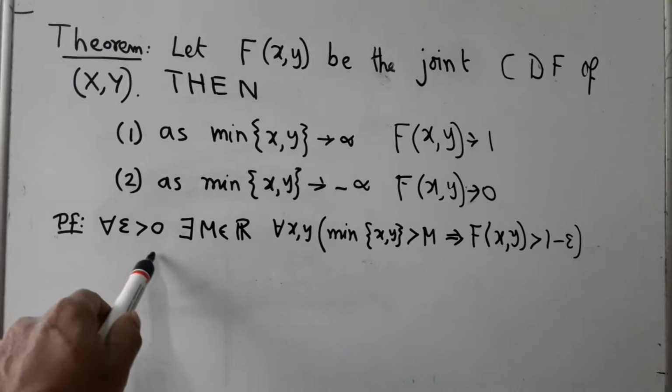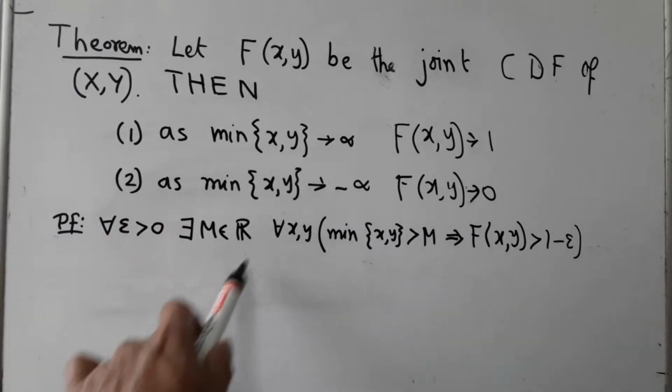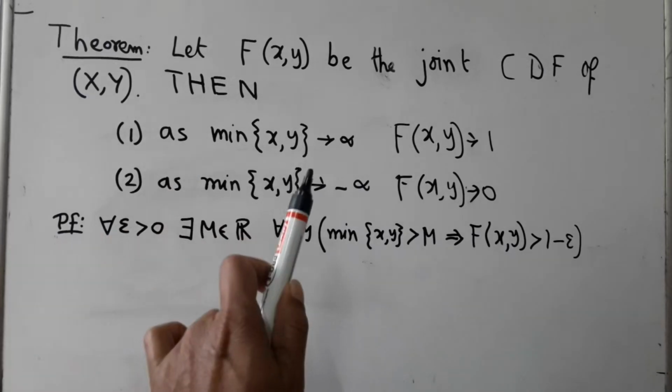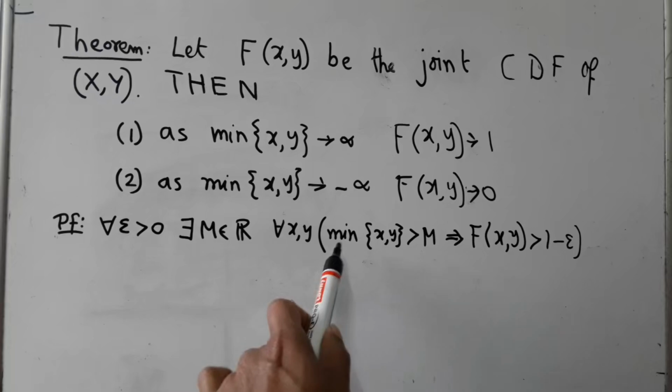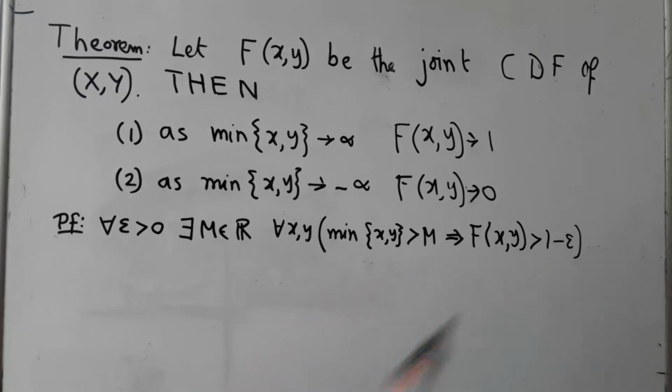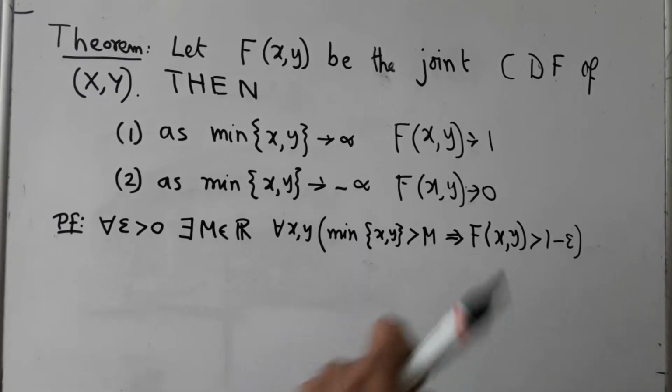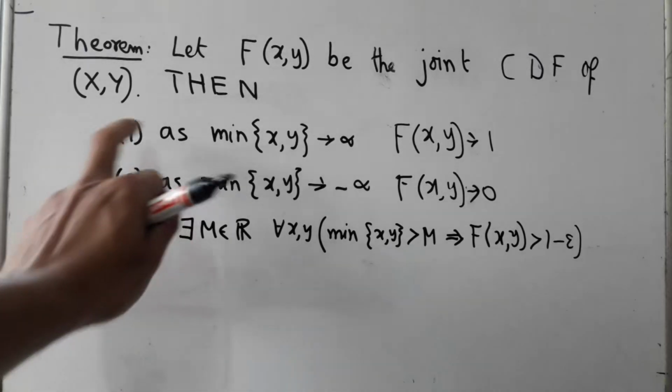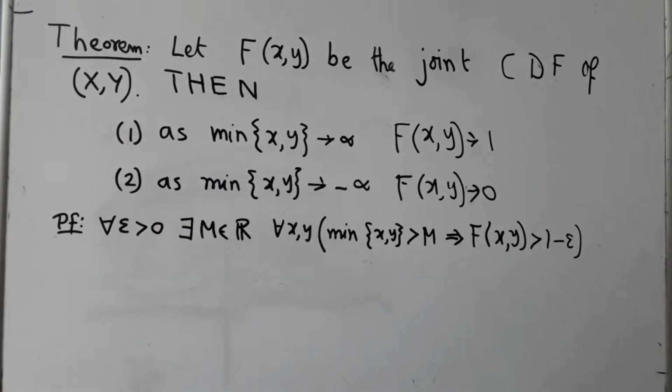So whatever epsilon you choose, there will be some capital M such that whatever x, y you take, if the minimum of x, y is greater than M, then Fxy is close enough to 1. So first you have to digest this statement and understand that this is the same as that.